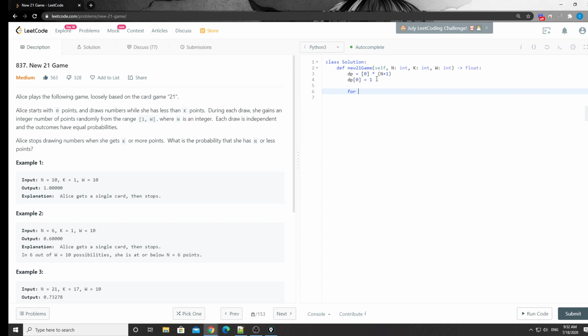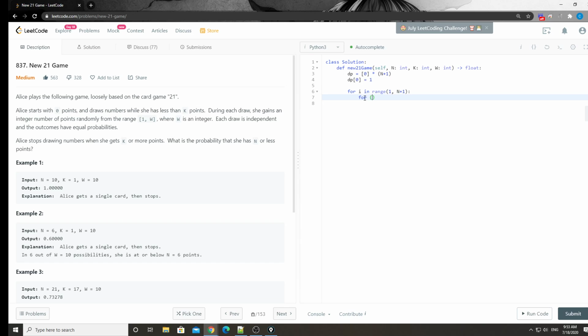from dp 1, now we can do for i in range 1 to n plus 1. Like I said, dp i equals the previous cases' probabilities summed together and multiplied by 1 divided by w. So we need to go back to the w range.